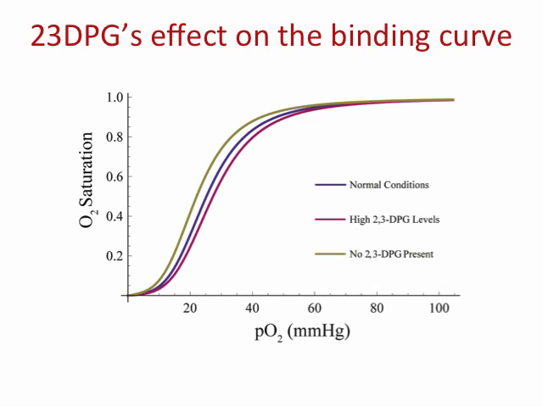Most of us are familiar with this S-shaped curve that shows the oxygen saturation of the hemoglobin molecule as a function of the partial pressure of oxygen. Now, 1 atmosphere is 760 millimeters mercury, and 20% of that would be 152 millimeters of mercury.